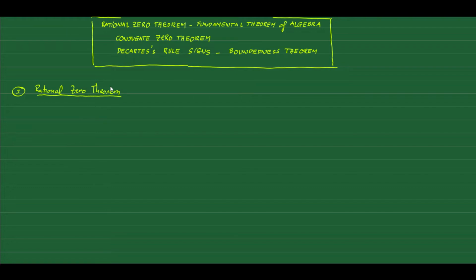The rational zero theorem will tell you the possible rational zeros in the polynomial, the number of possible rational zeros.